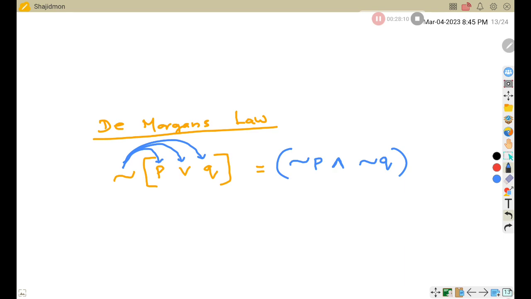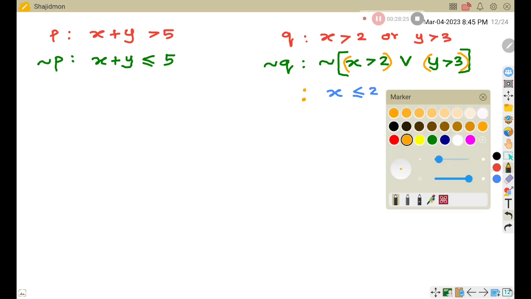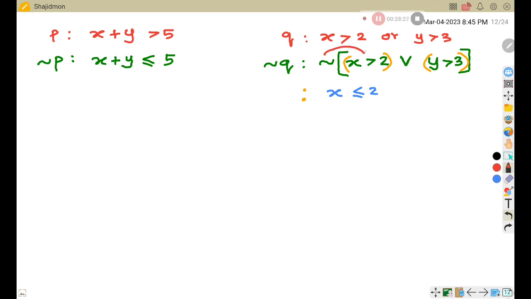So I am applying it here. You can see what we are writing: negation of x greater than 2, correct. What is the negation of x greater than 2? x less than or equal to 2, correct. Greater than becomes less than or equal to. Then the negation of y greater than 3.